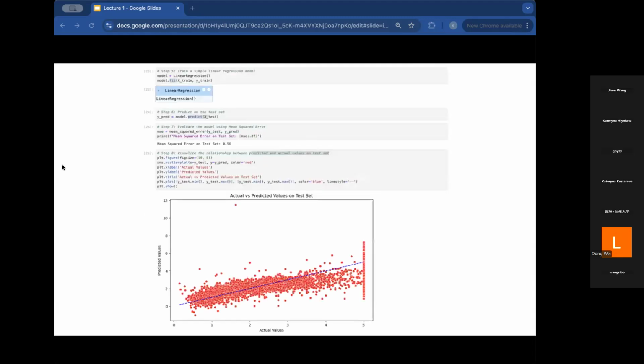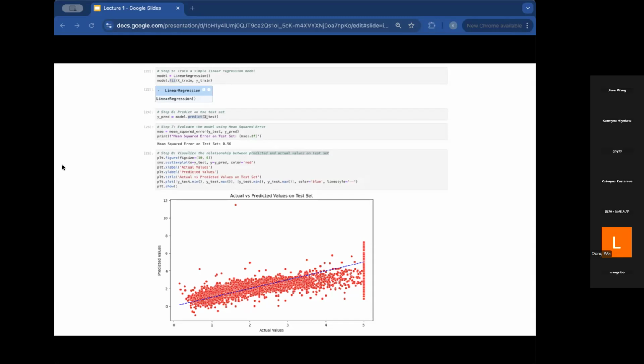Next, we train a simple linear regression using the LinearRegression class from scikit-learn. We use the training set X_train and y_train to feed the model. And of course, we're using a model from a library, so we don't describe all the steps. We simply provide the necessary data as input.